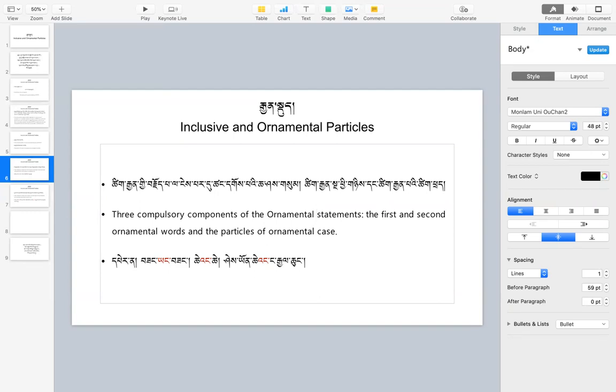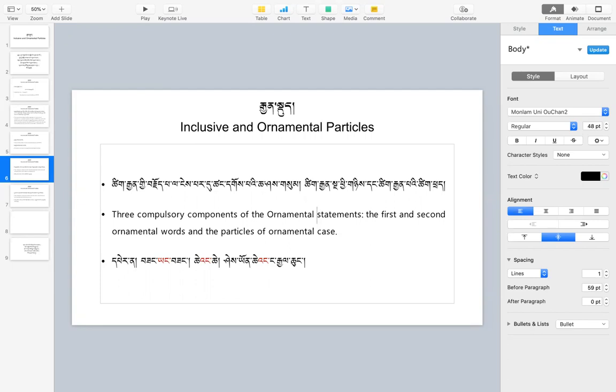Object is inferentially understood to be required for that type of statement, but need not be written. So the three compulsory components that need to be written in the statement are the first and second ornamental word, that is, the first ornamental or descriptive word and the second ornamental or descriptive word. And with that, we need the particle of the ornamental case, written in between these two ornamental words. Therefore, these three are the compulsory components of the ornamental statement.